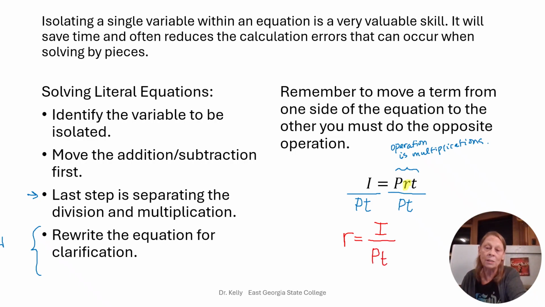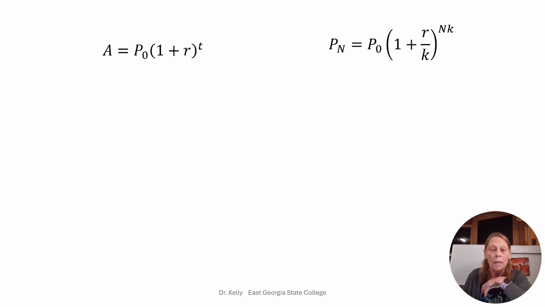All right, let's look at a couple more. These are equations that we're going to use in this particular section. These are financial equations dealing with compound interest and or annuities. Let's take a look at this first one here: A is equal to P naught times (1 plus R) to the T power.